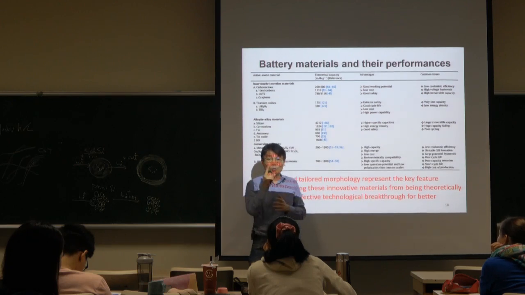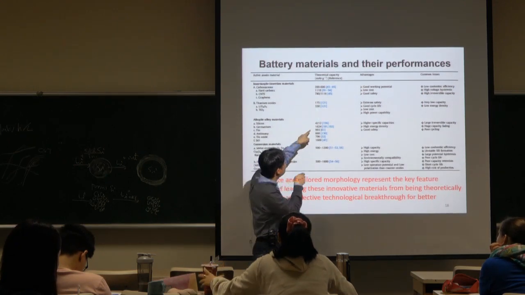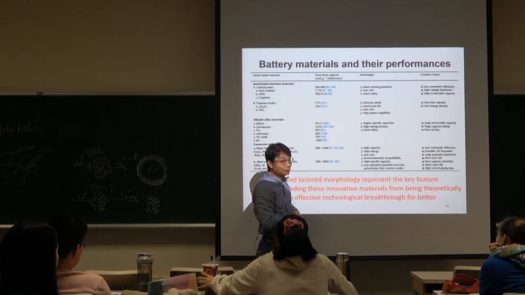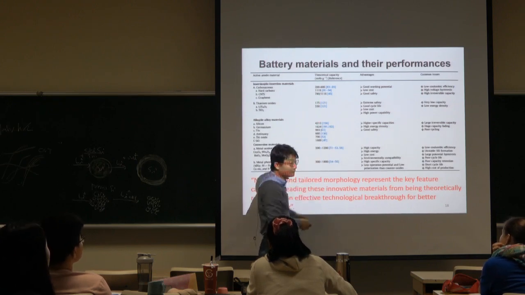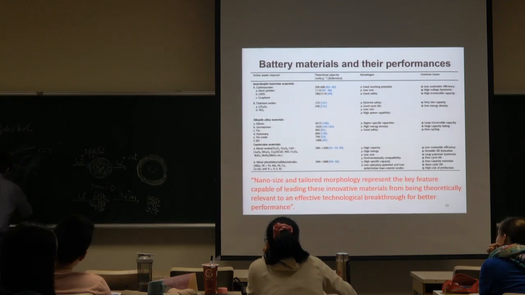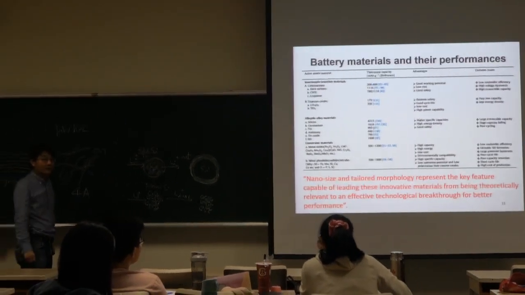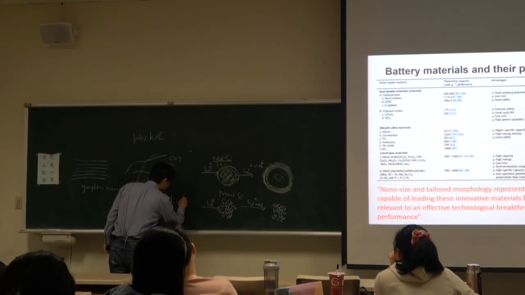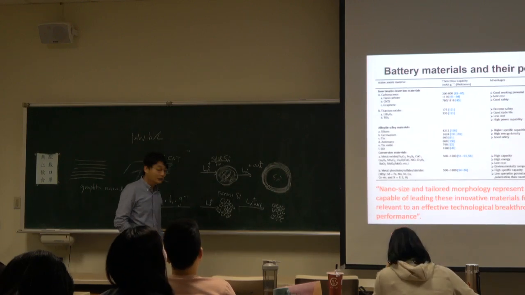That means just 1 gram can provide almost 4 amps for 1 hour. Silicon has over 4 amp hours per gram.